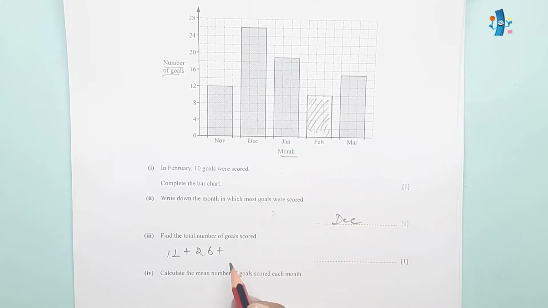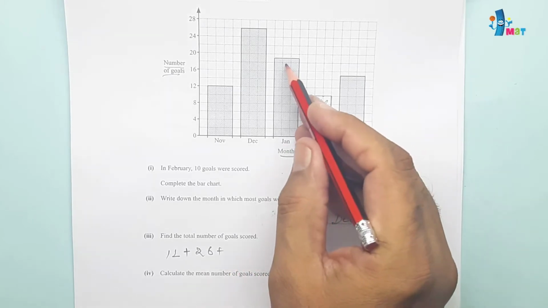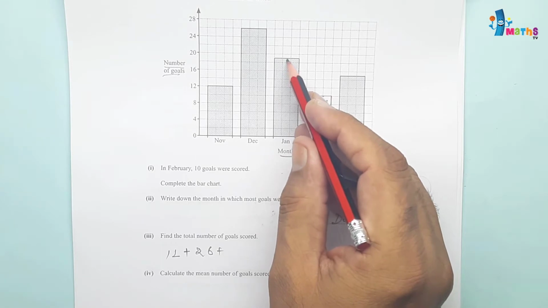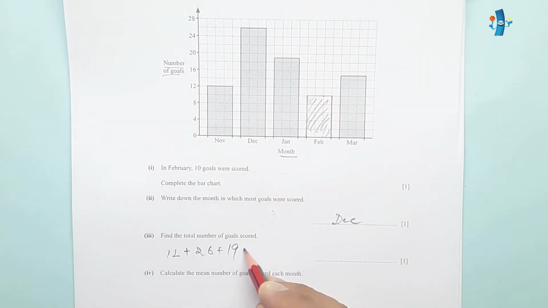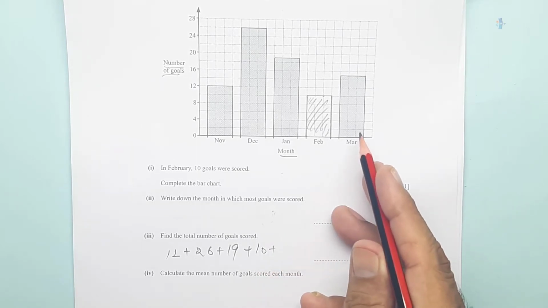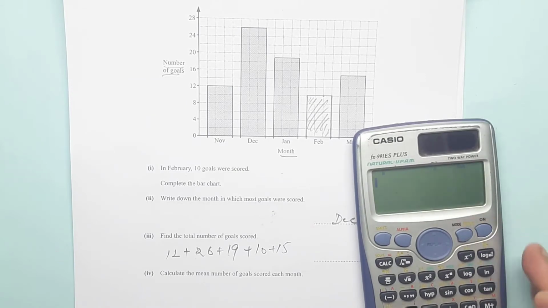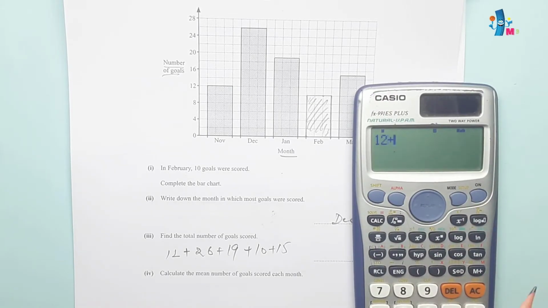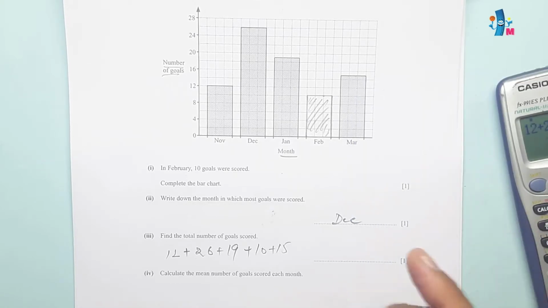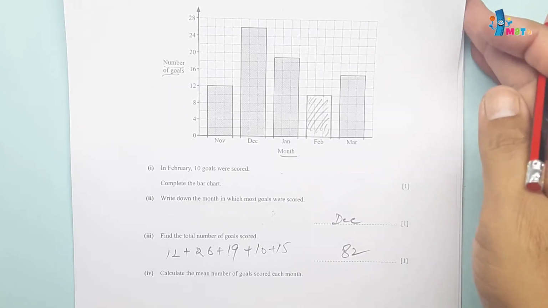Next bar, Jan, is 19, plus this Feb bar we have done up to 10, plus the last one, March, is 15, and we'll have to add all these. 12 plus 26 plus 19 plus 10 plus 15 will be equal to 82. So this one will be 82.